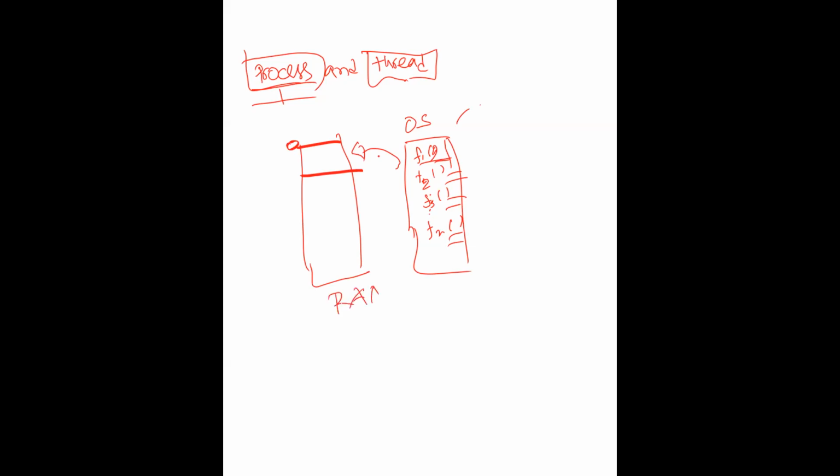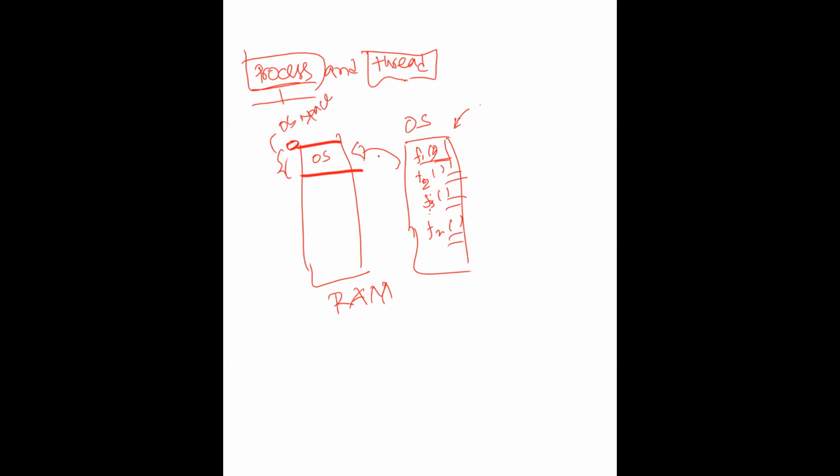When you turn on the computer, your operating system also loads inside the memory. Let's say here is your operating system. This space cannot be used for our other processes. It is only for our operating system. This is called the OS space.